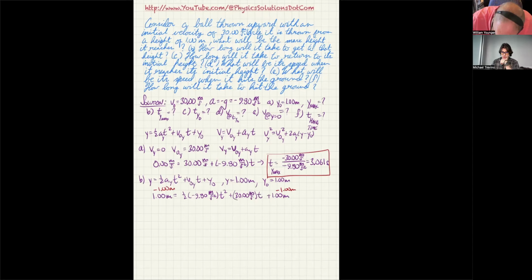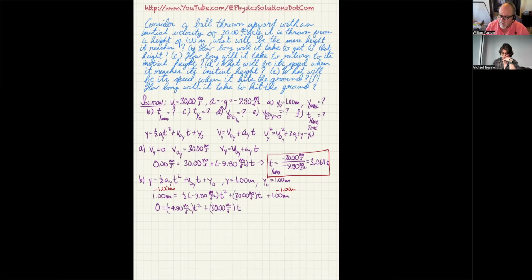And specifically, what we now have is 0 is equal to negative 4.90 meters per second squared times t squared plus 30.00 meters per second times t.